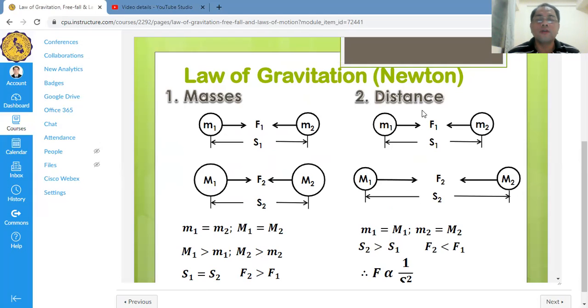Now another factor that we can also talk about is the distance between the objects. If planets are near each other, then their degree of gravitational pull would be greater. As you move them further apart, then that force of gravity that exists between them will become lesser.